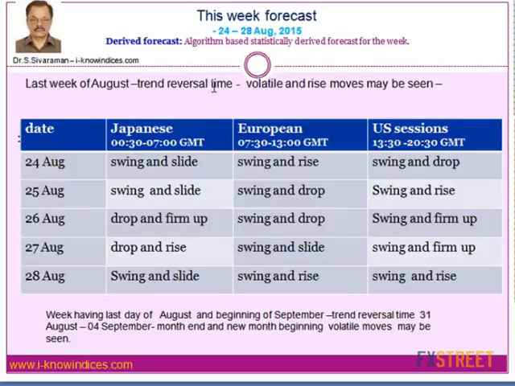That is a month end and the new month beginning time, they are expected to make volatile moves in the market. So whenever they are going for such volatile and contrarian moves, we can only do swing trades and no position trades. And they will make quick moves either way in the market.